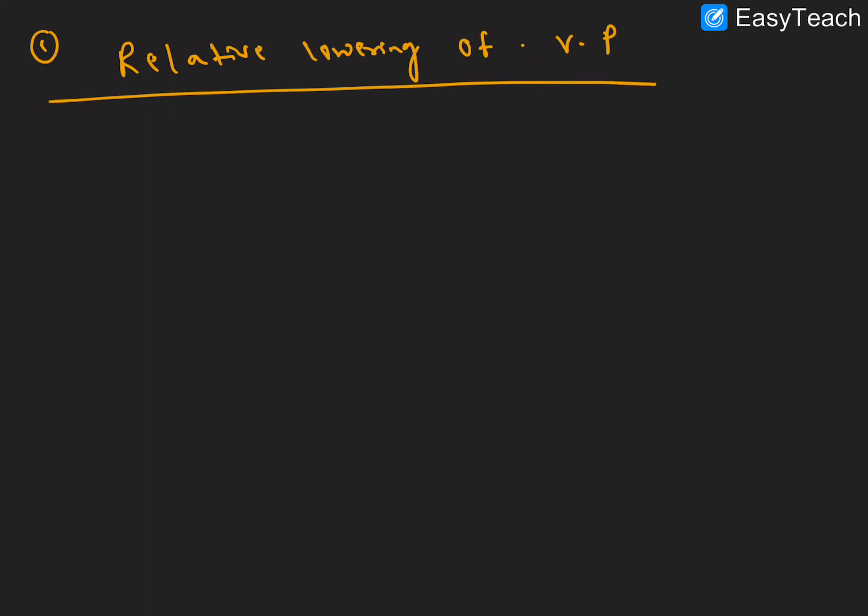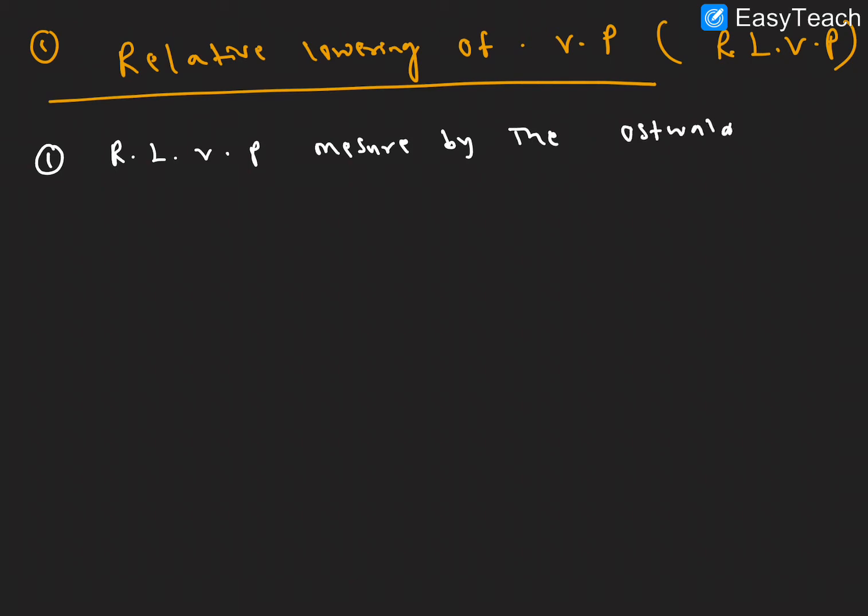Let me explain the first one, relative lowering of vapor pressure, RLVP. Point number one: relative lowering of vapor pressure is measured by the Ostwald dynamic method.